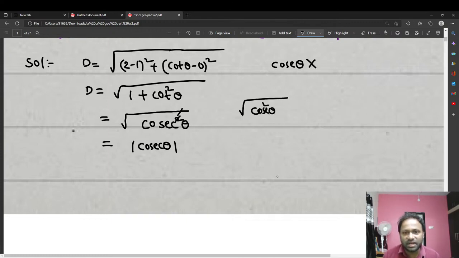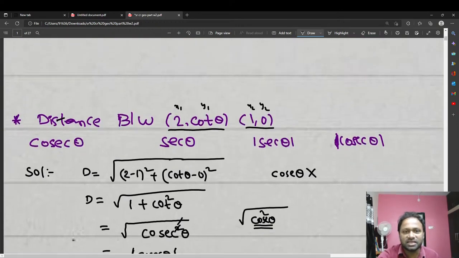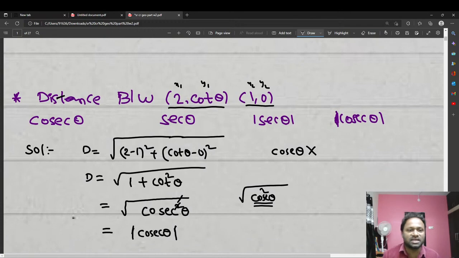Here cosec theta may be positive or negative; whatever it may be, the square is positive. That's why the answer will be mod cosec theta. The first one is wrong, the last one is correct. So modulus of cosec theta is correct.